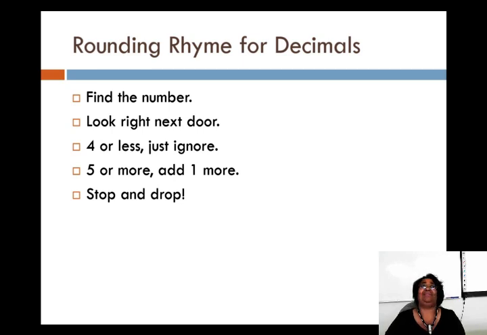What number is immediately to the right of that number? The number that's next door, I circle. Then I want to see, is the number 4 or is it less than 4? Is it 4 or less? If it's 4 or less, the number that's underlined I'm going to leave alone. However, if the number that I've circled is 5 or more, I'm going to add one more to the number I underlined.